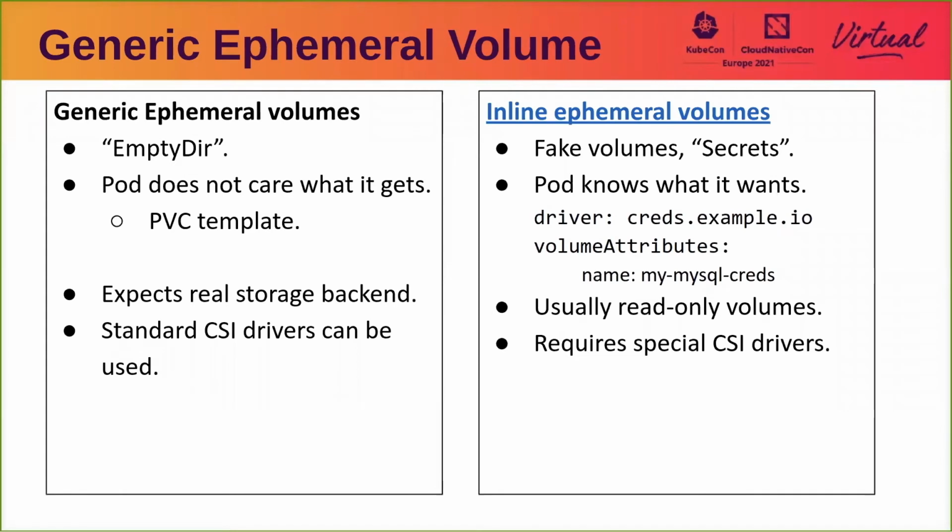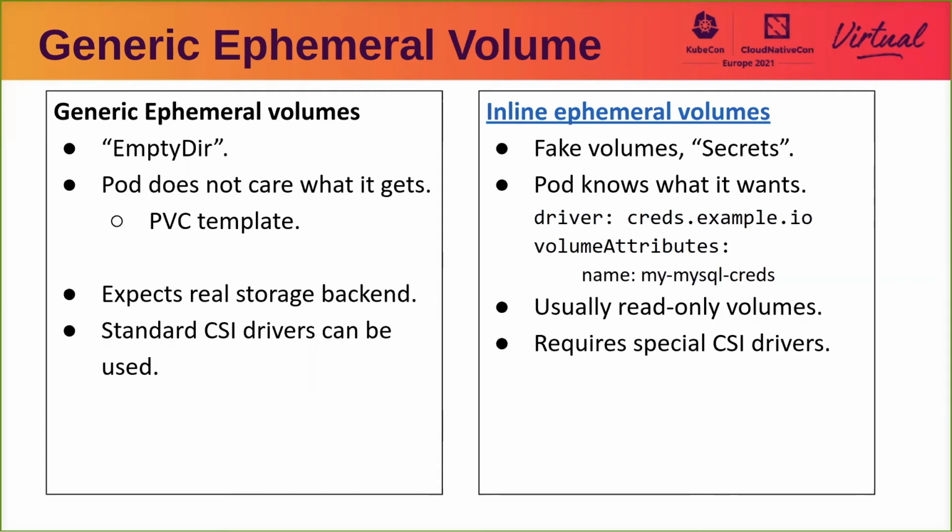So if generic ephemeral volumes are just regular PVCs and PVs for the storage backend, why am I talking about them here? It is important to distinguish them from the inline ephemeral volumes that we have in Kubernetes since Kubernetes 1.16. And the generic ephemeral volumes are on the left side, and that's what I just covered.